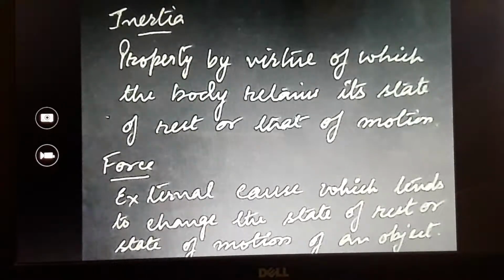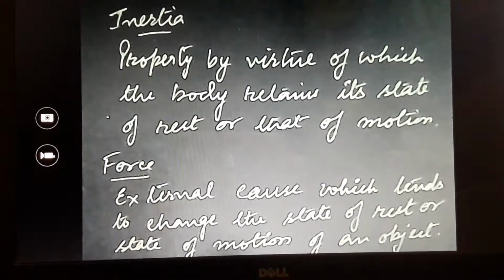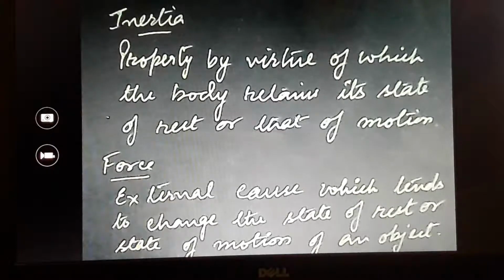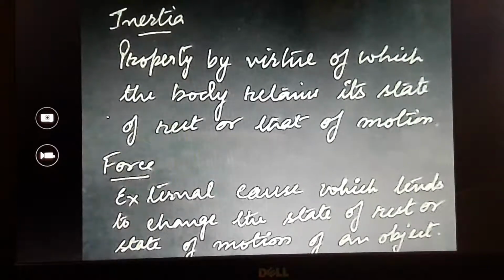It will start moving in the direction of the force. Similarly, if the body is in motion and you apply a force on it, it will come to rest.